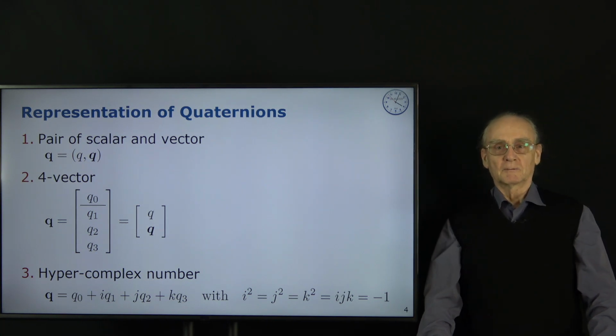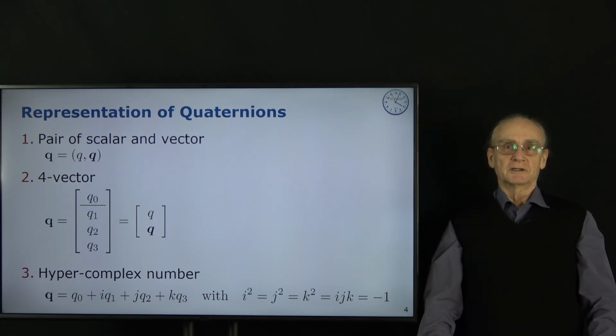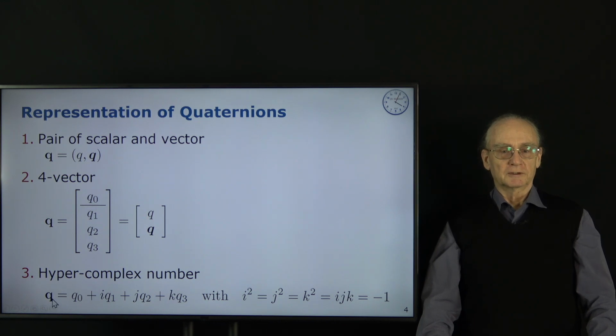You remember the complex numbers with the imaginary unit i, where we assume that i squared is -1. So here you have a representation of a quaternion being the sum of Q0, Q1, Q2, and Q3, where the 1, 2, 3 indices are multiplied with i, j, and k.